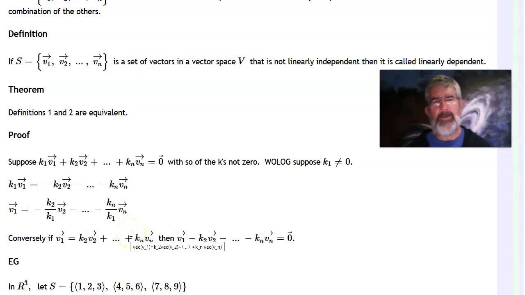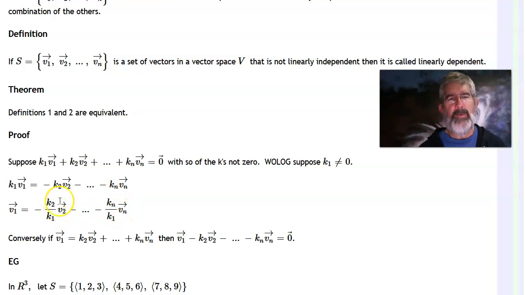Actually, no, I'm proving the contrapositive, right? I prove that if not definition 1, then not definition 2, which implies that if definition 2 is true, then definition 1 must be true. So if you have a way of doing this without all zeros, then you can write one of them as a linear combination of the others.